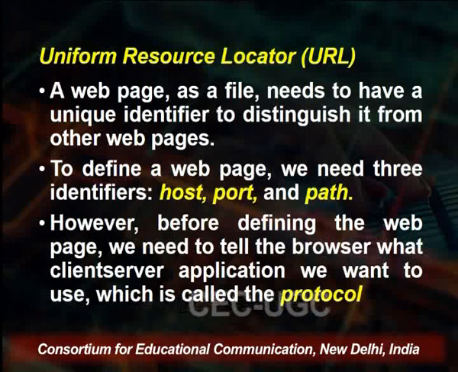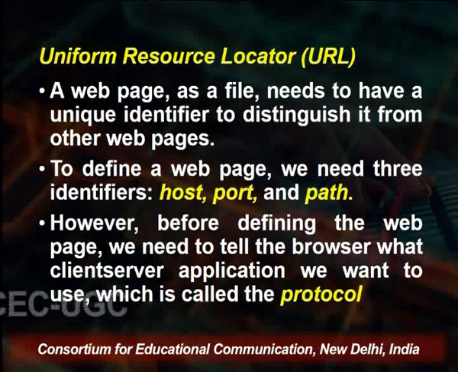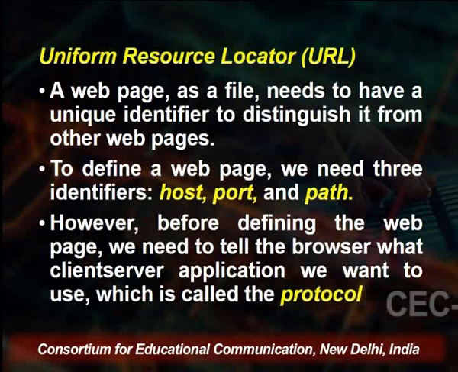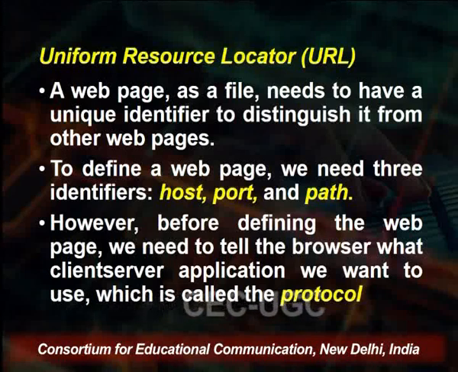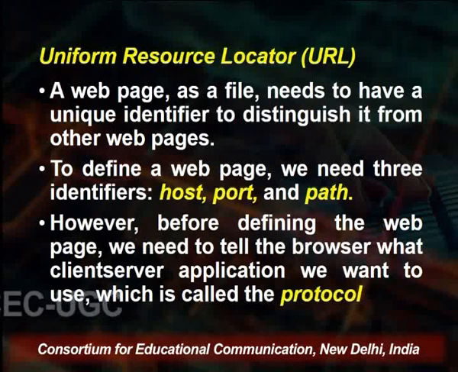Before defining the web page, we have to tell the browser what client server application we want to use, and this is called the protocol. All these four together, that is the protocol, the host, the port and the path, form the URL, the Uniform Resource Locator, which will identify each web page on the World Wide Web uniquely.